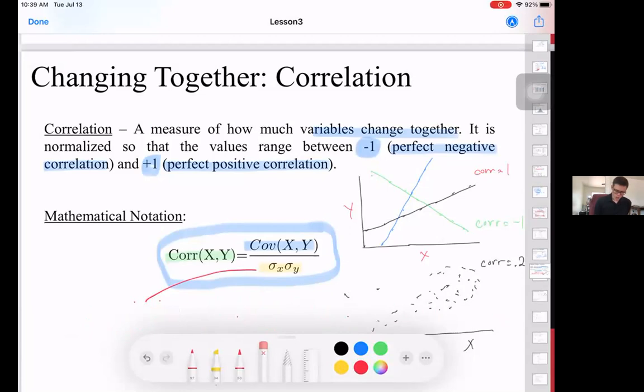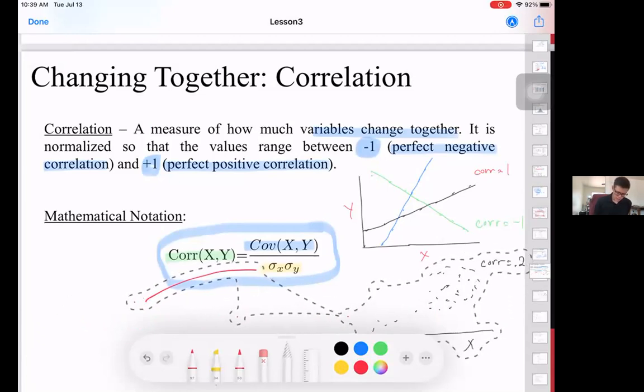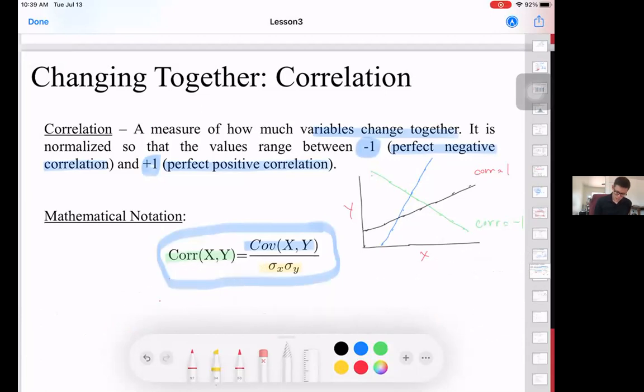Okay. So I just wanted to give you a couple examples of this. The first thing I wanted to show you is kind of cool. I guess I should just redraw it so that it's clear.